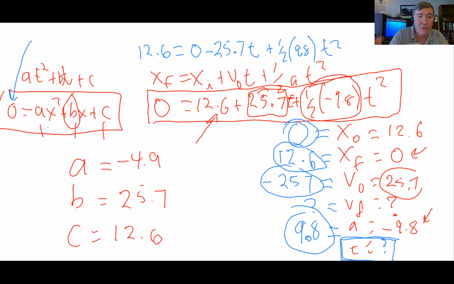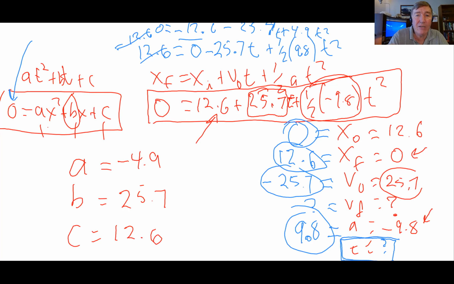Okay, so let's subtract 12.6 from each side. So that goes away. I'm left with 0 equals negative 12.6 minus 25.7t plus 4.9 times t squared. I keep leaving out my t.